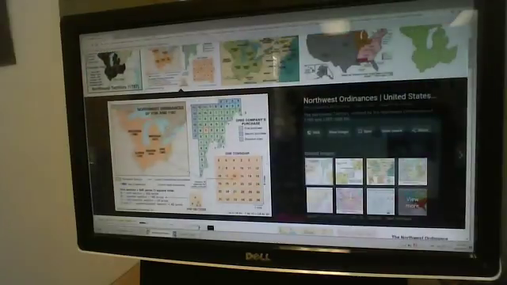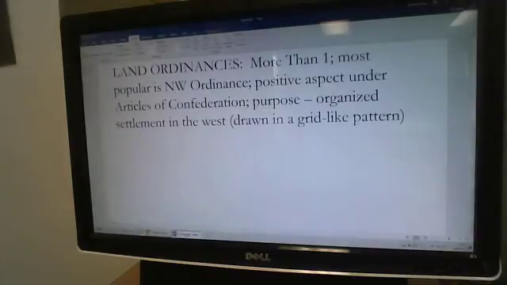You've got one township here, how it's really well sorted. Do you see how it's like a grid-like pattern? That way you can organize westward settlement, and people can get there and it'd be organized. They could get land that they need. Does that help? Okay, so it was a positive aspect, and it was successful for the land ordinance.